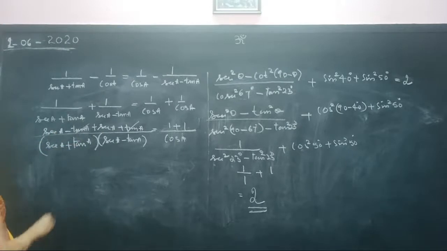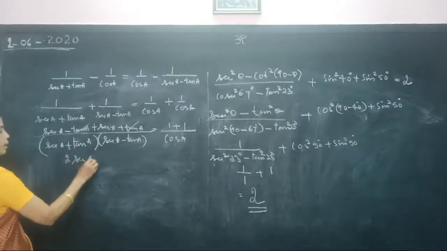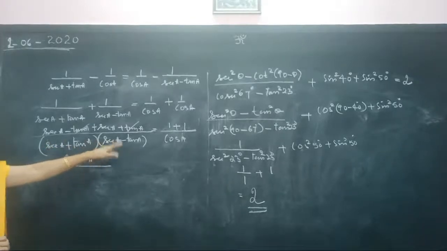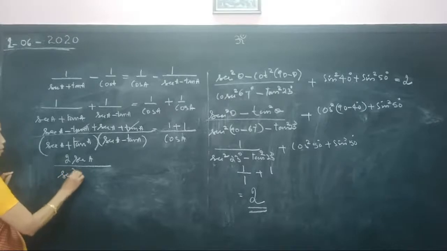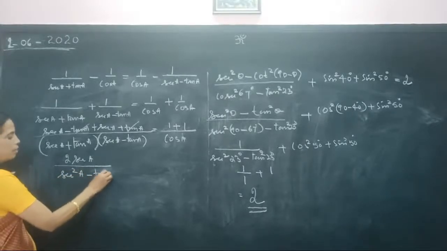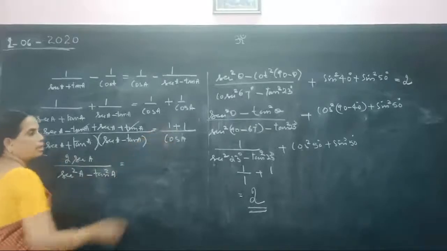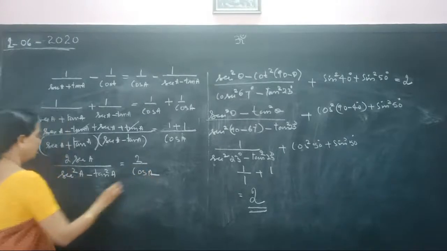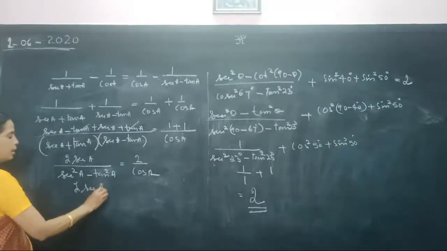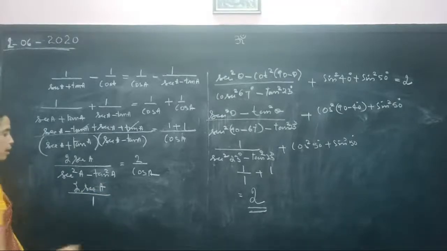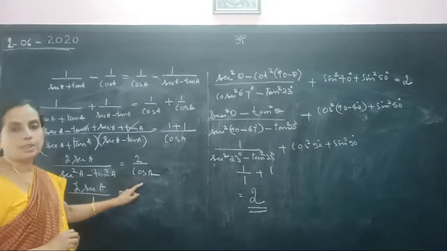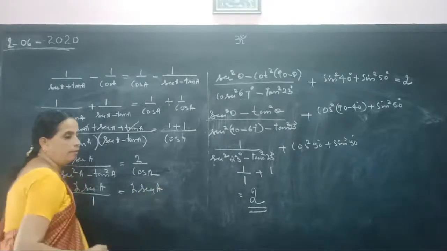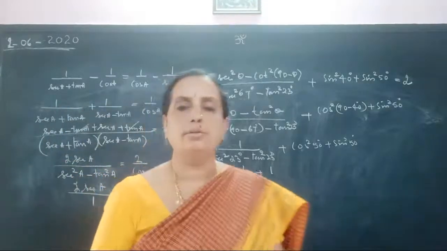Secant A plus secant A is 2 secant A. Denominator is in the form of A plus B into A minus B. It is secant squared A minus tan squared A. Here in the RHS, 1 plus 1, 2 by cos A. Now 2 secant A. Secant square A minus tan square A is 1, and 1 upon cos A is secant A. It is also 2 secant A. Finally, we can say LHS equal to RHS.